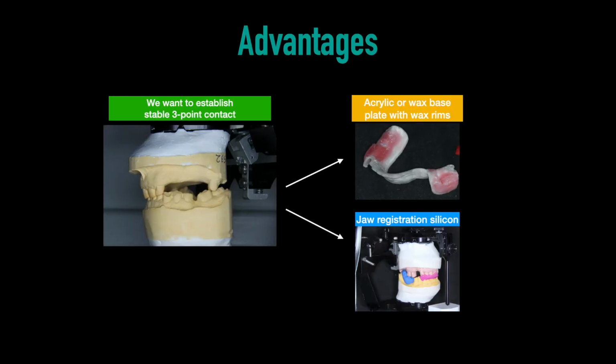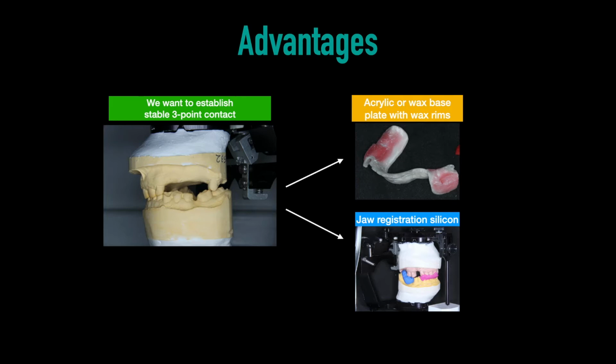Sometimes in prosthodontics, we need to use different ways to establish a 3-point contact or a stable jaw registration, whether we're planning or taking definitive impressions. For example, in this case, we can take the jaw registration 2 ways.